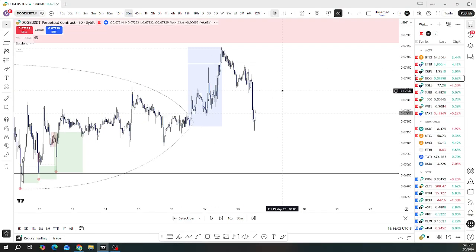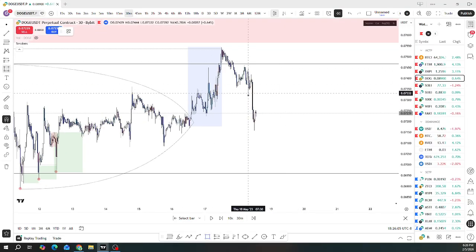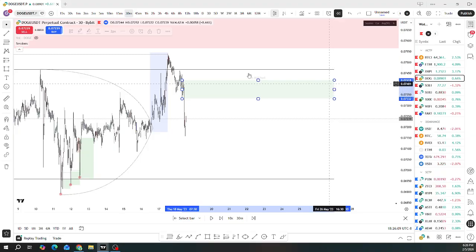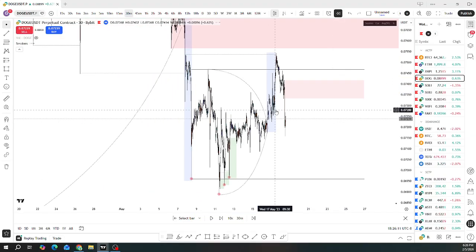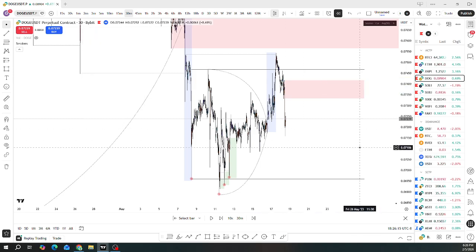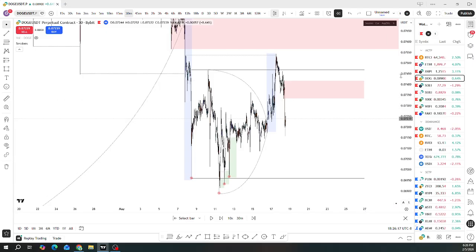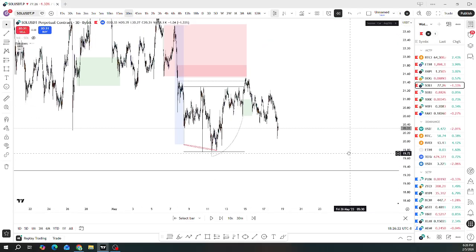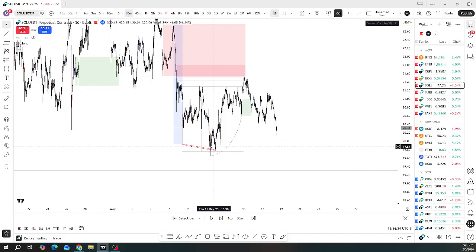Same time though, a lot of times those compressions, they don't get the third tap. This is your supply, so we can watch that supply for redistributions. Solana seems to have flipped that accumulation into some sort of a distribution.